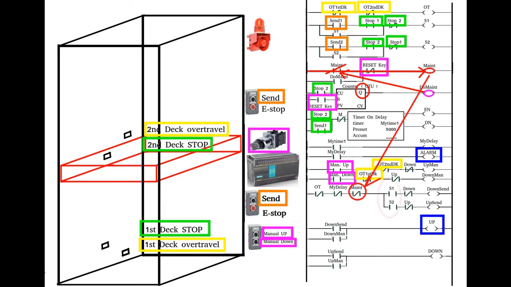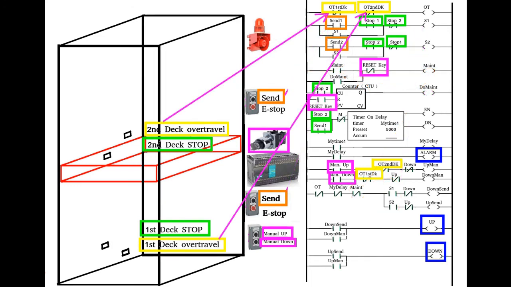This will disable S1 and S2 from being able to control the elevator. If you notice, S1 and S2 relays are all the way up here, and they are located in a direct path that either the send push buttons are controlling or trying to energize.